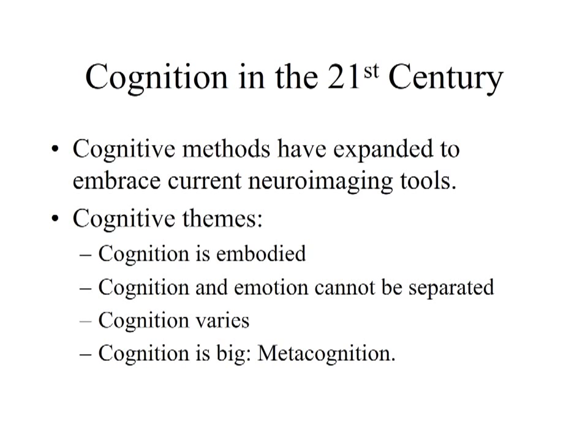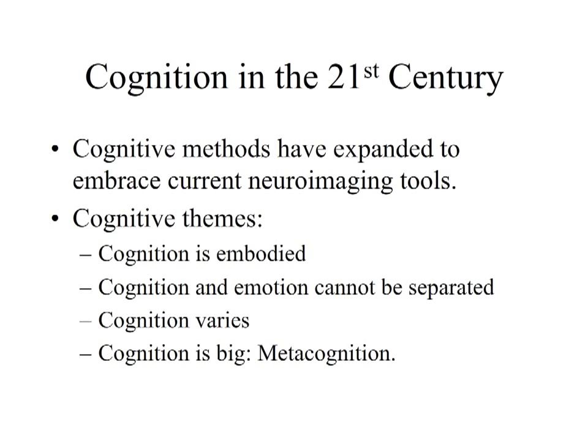We'll talk lots about that throughout this course. Another theme that has gained steam, I would say, in the past 10-15 years is that cognition and emotion cannot be separated. In fact, you'll find lots of places where they offer a course called Cognition and Emotion.